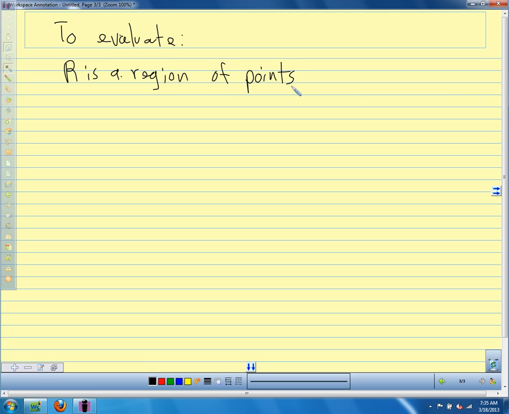So R is a region of points whose polar coordinates, we have a couple of different cases, just like we did in rectangular coordinates.